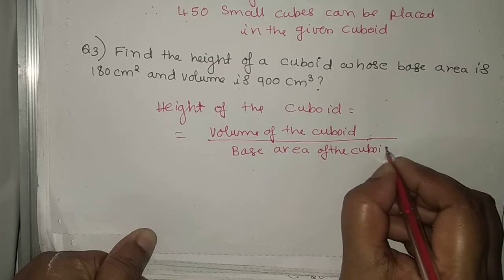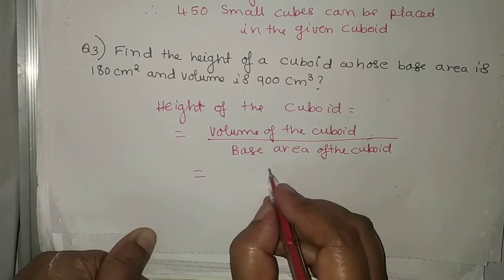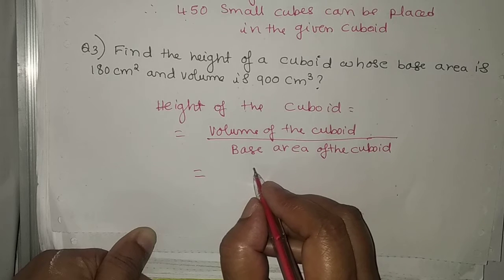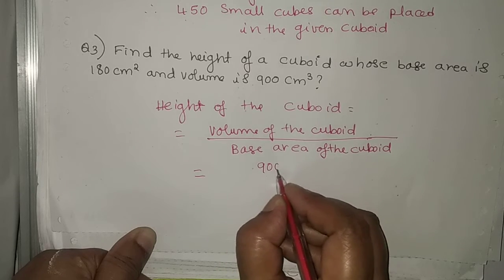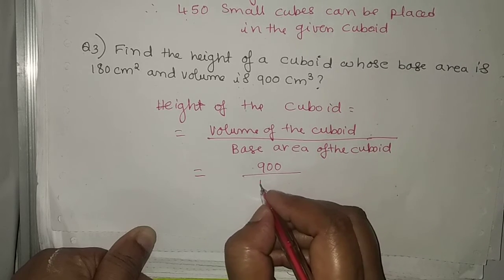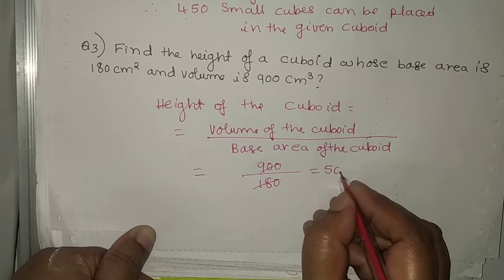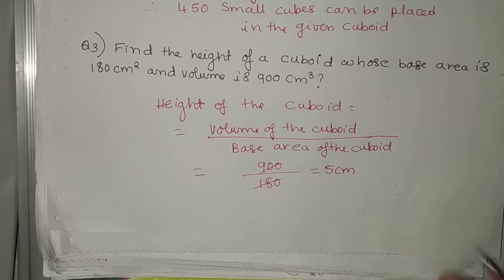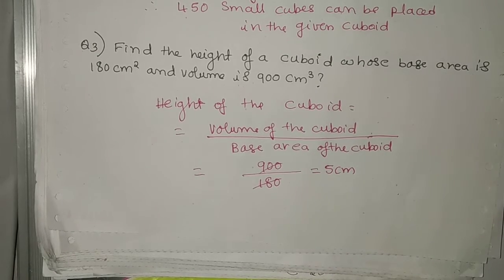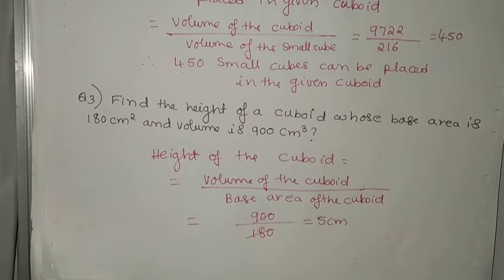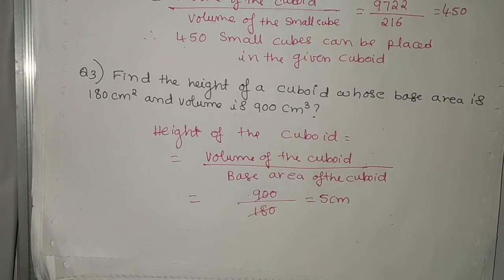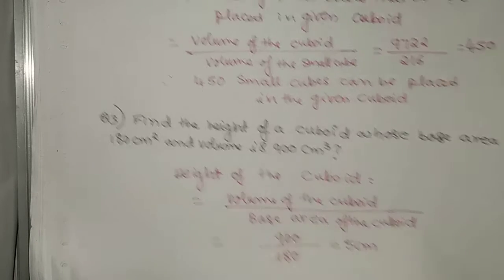They have given the volume of the cuboid as 900 and the base area as 180. Dividing this, we get 5 centimeters. So the height of the cuboid is 5 centimeters. This is the solution for the third and fourth problems. We move on to the fifth one.